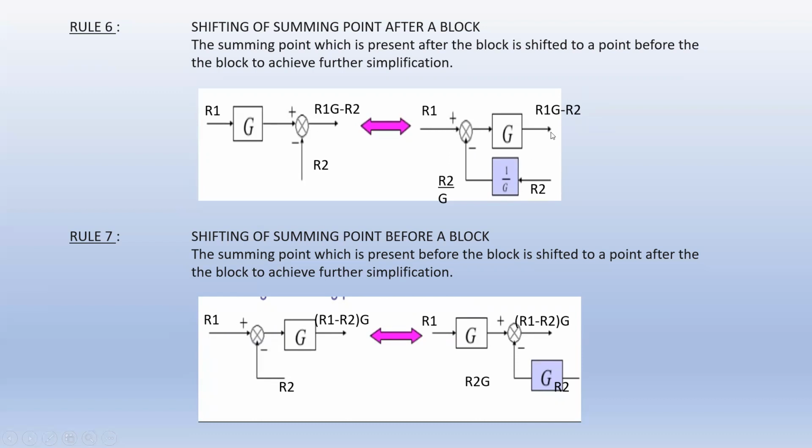So how do we compensate the G on R2? This is how we compensate. We divide this gain 1 by G over here so as to compensate for this G multiplication over here.